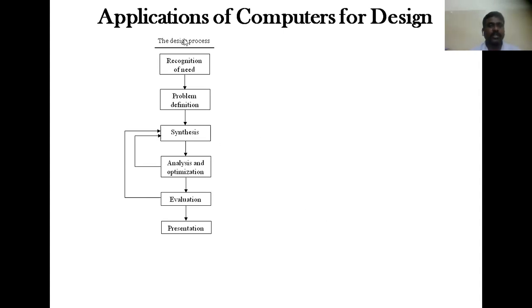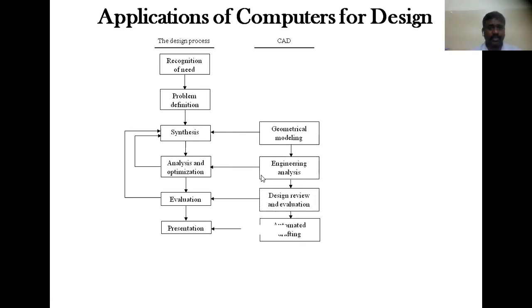This is the actual design process that we saw in the product cycle as the product concept. We can use CAD in various forms of design, in synthesis, modeling, analysis, evaluating, and drafting systems. Okay.